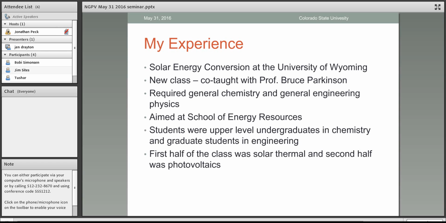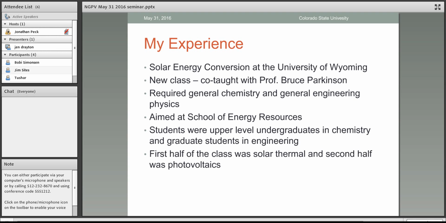The class was originally focused for students of the School of Energy Resources, and what those students do is they spec out industrial power supplies or arrays. So it was kind of interesting. I wrote the class and then had to go back and rewrite the class because my students were a different level than I originally intended.